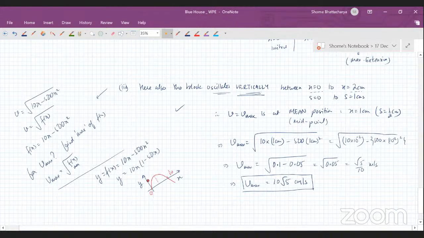So this will be maximum at 1 by 100. The vertex of the parabola is at the midpoint of the roots.